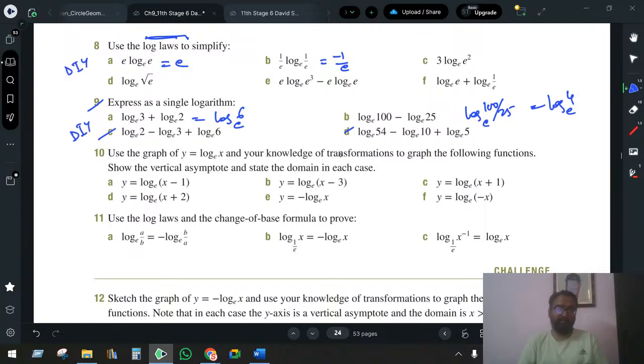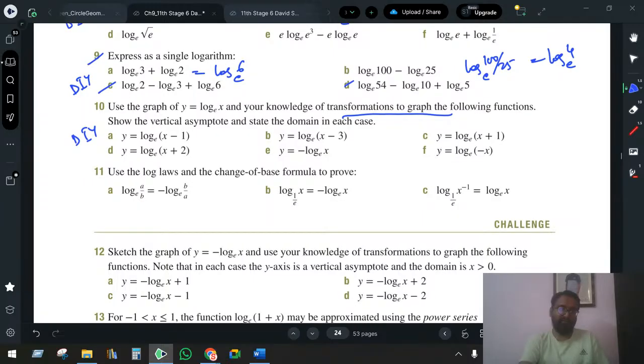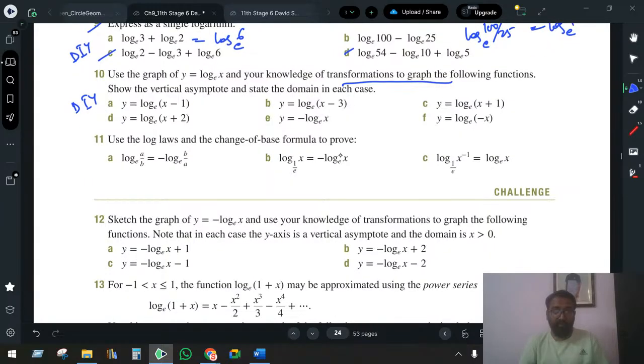And next, the 10th one. Knowledge of transformations of graphs. You can get it, it is easily DIY. Use the log laws and the change of base formula.